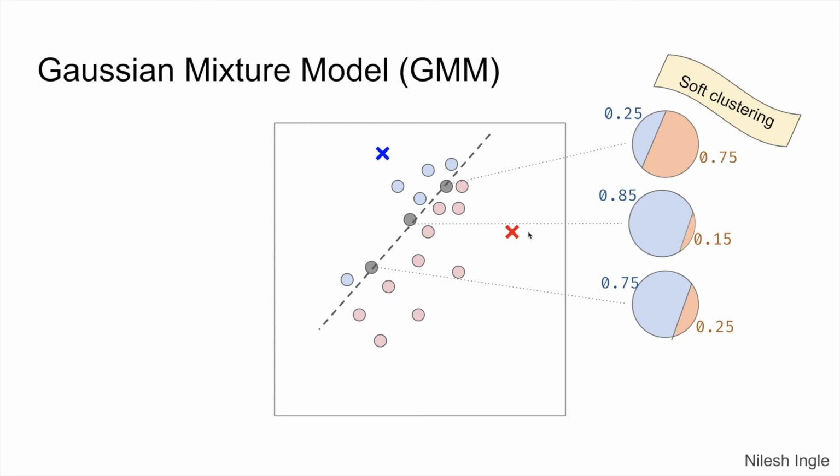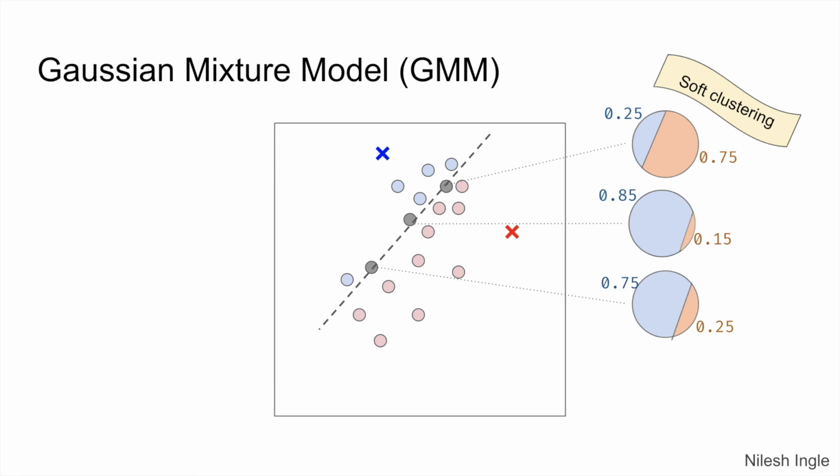Essentially, that comes down to finding the square distance from these x's, or the seed points that we have. The point to note here, which is different than k-means, is that when points lie on top of the decision boundary, in k-means we would have assigned this point completely to a red cluster and this point maybe to a blue cluster based on a certain criteria.